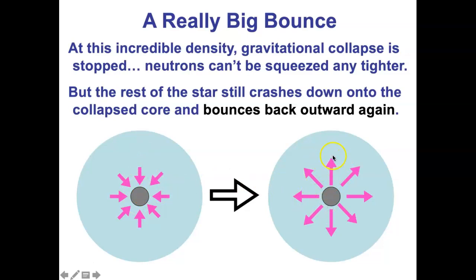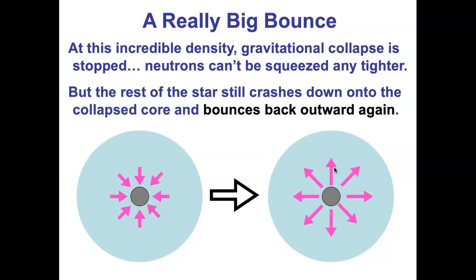And so now you've got layers of gas bouncing out while there are still layers of gas near the surface falling inward, mixing and smashing into each other and swirling together.